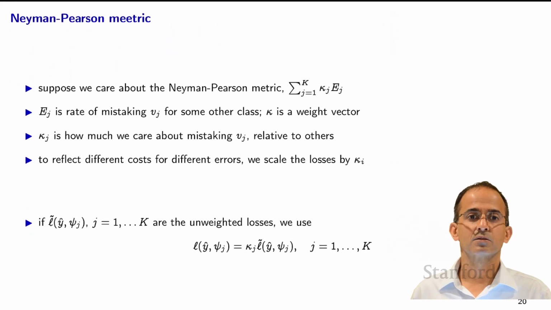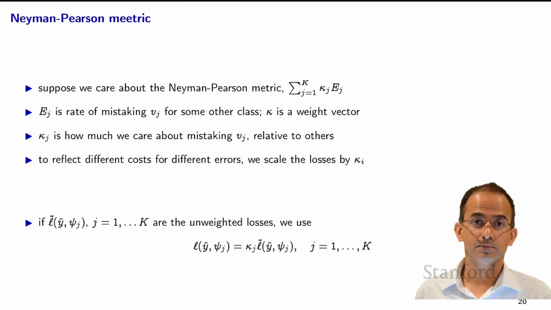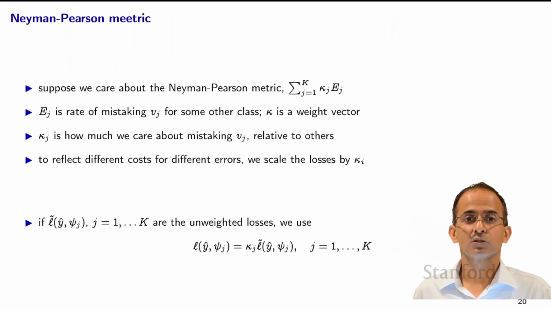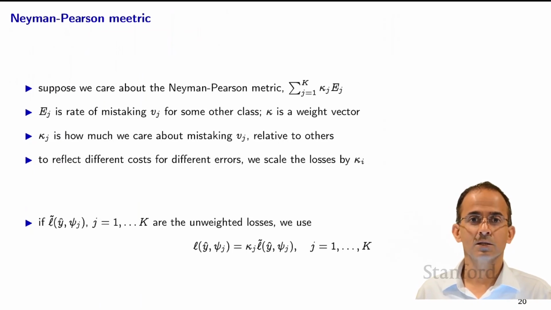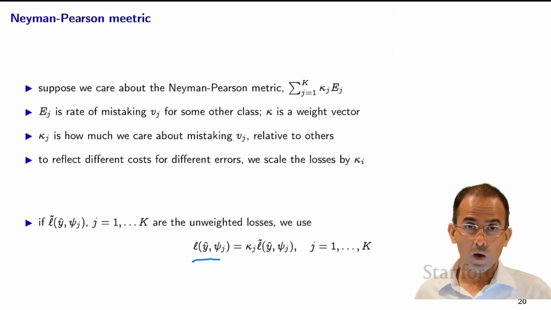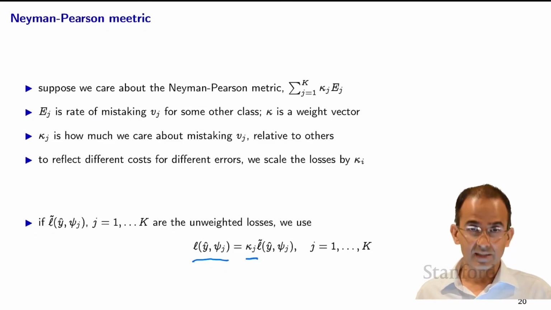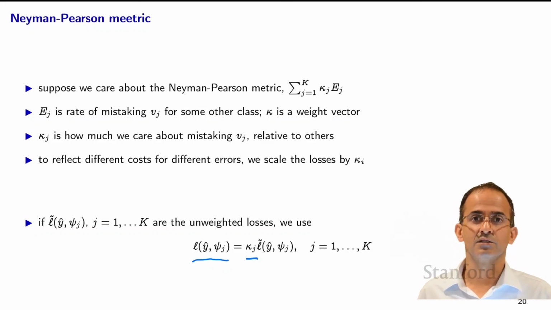It might be the square of y hat minus psi j, or the norm of y hat minus psi j squared. Then we'll construct a loss function from these unweighted losses by taking a weighted combination of these losses. So we'll use a loss function L of y, psi j, which is kappa j times L tilde of y and psi j.